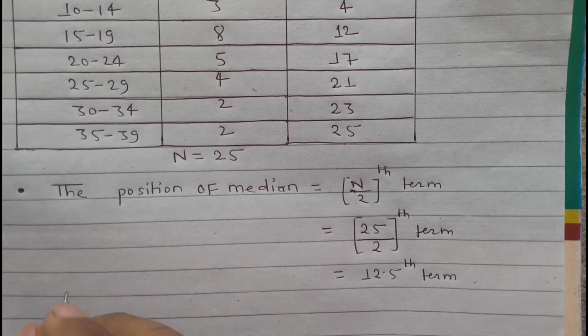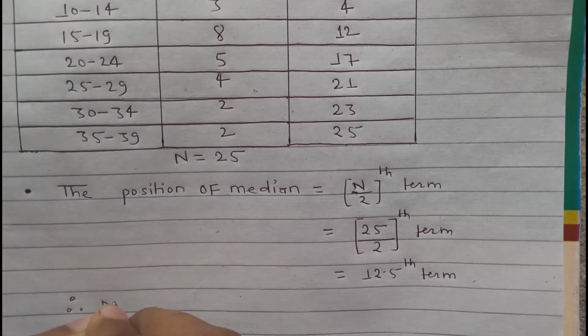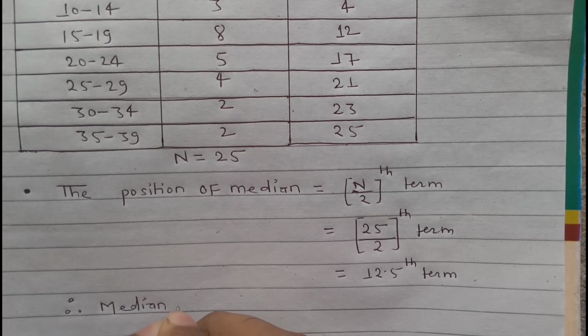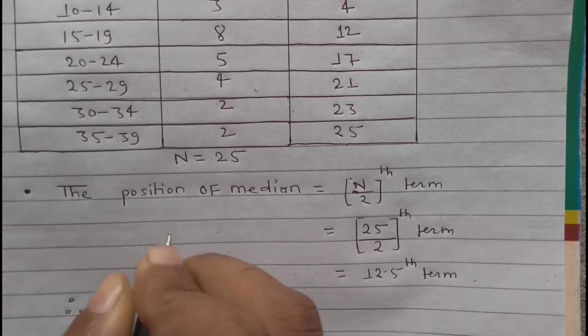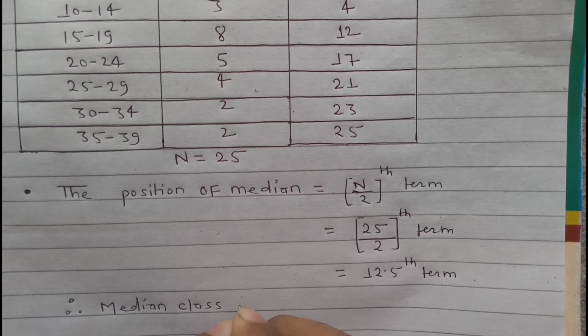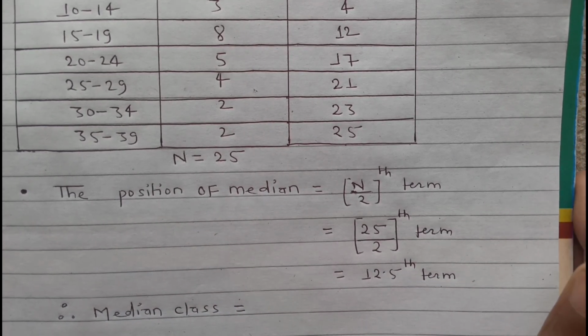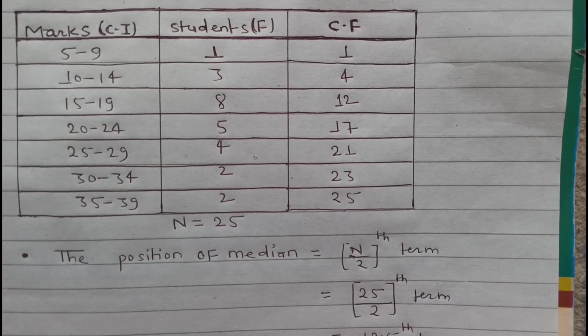Now the median class. We have to find the median class after finding the position of median. Since this is 12.5, we have to check whether 12.5 is in the CF column or not.